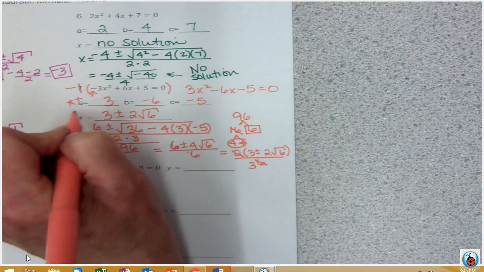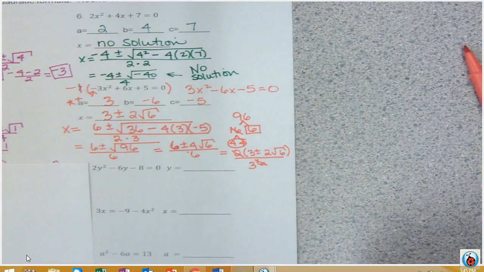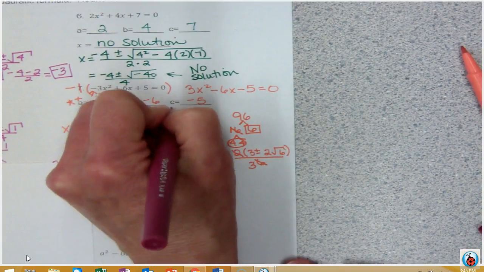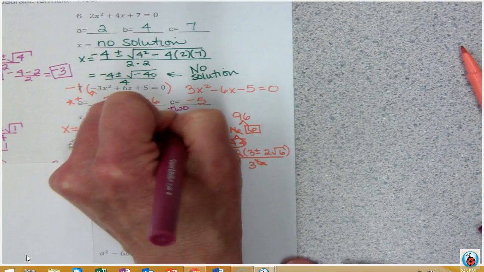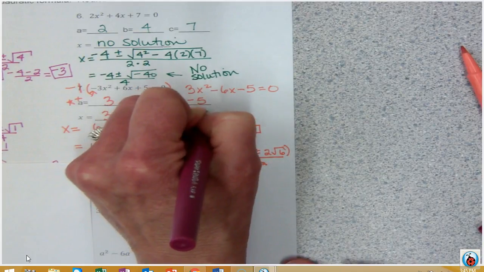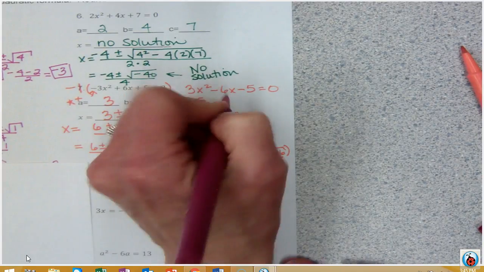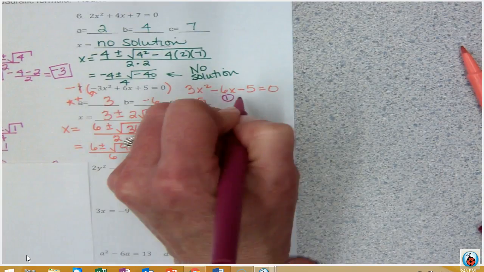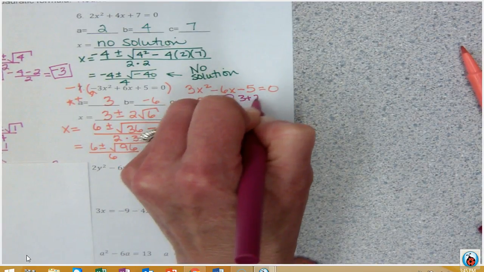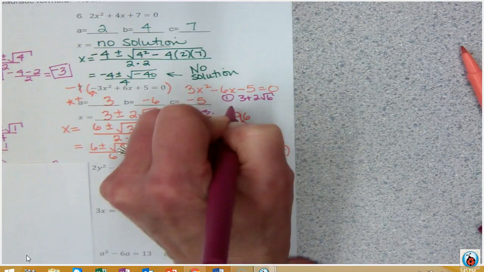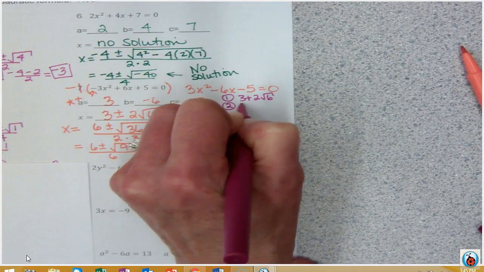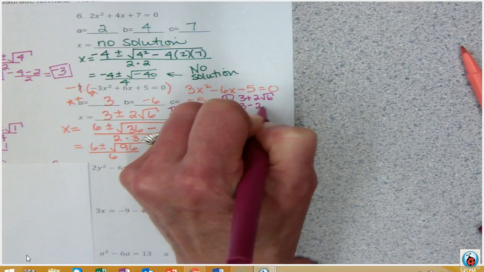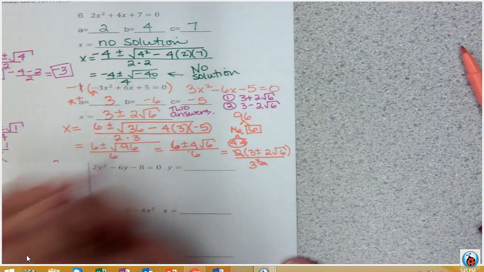So this is 2 answers. This is one thing you need to understand. This is 2 answers. One of my answers is 3 plus 2 square root of 6. The other answer is 3 minus 2 square root of 6.